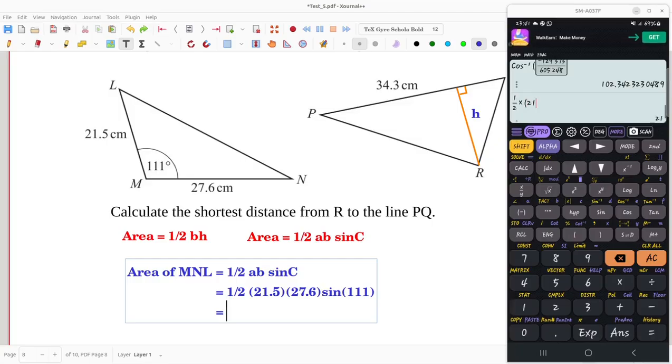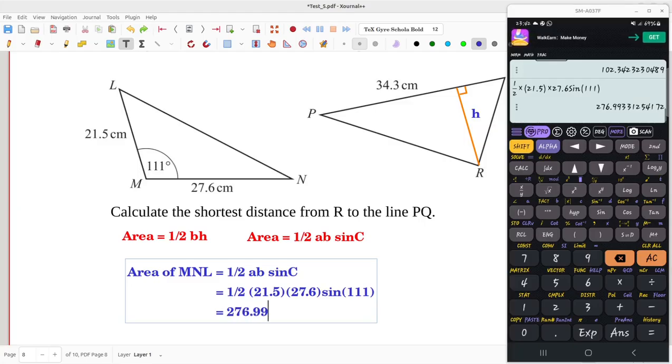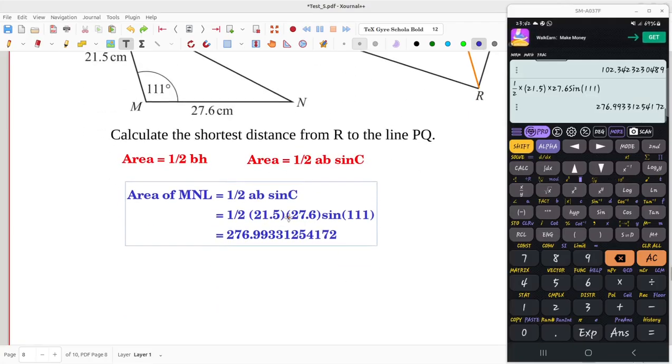So it's actually a half of 21.5 times 27.6 sine 111, and it's giving us 276.99331254172, which is an irrational number.